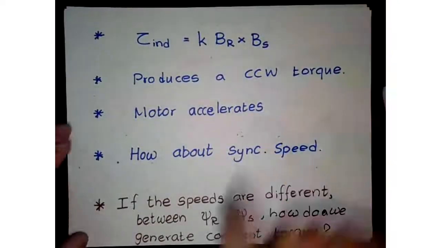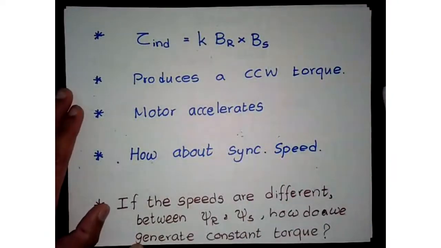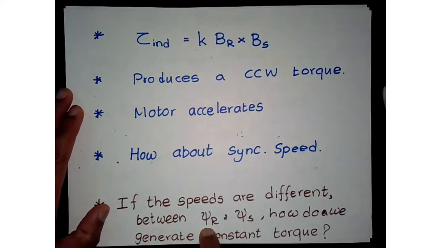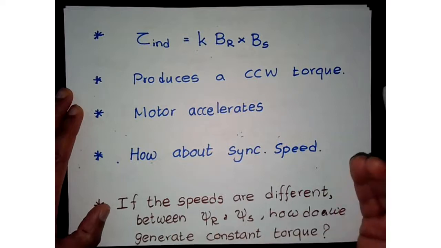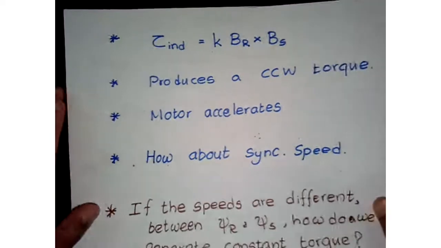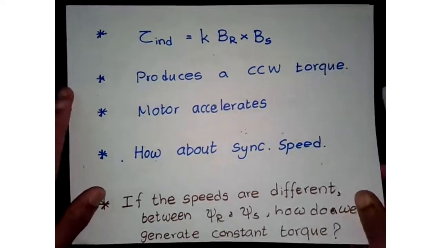That's a very important concept, and it explains how we can generate constant torque if there's a speed difference. But with respect to the stationary frame, for the two fields there is no speed difference because the rotor flux is on the rotor moving with it.